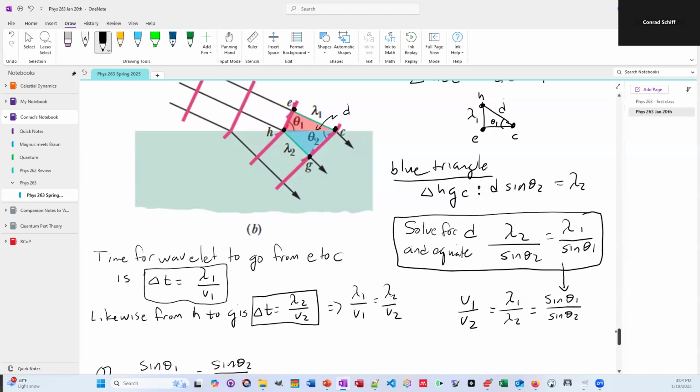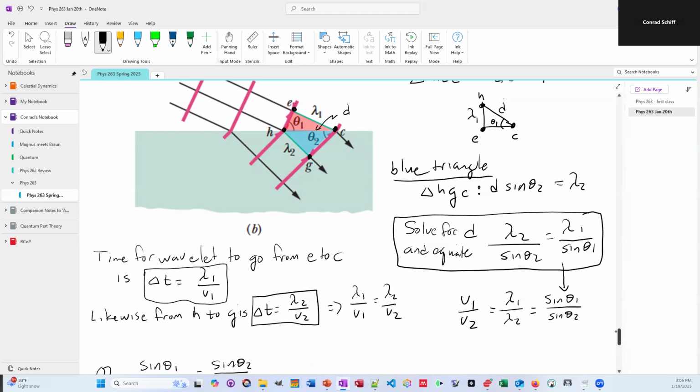What we want to do now is eliminate the wavelengths because we don't normally see the wavelength. We have to infer the wavelength from some other measurements. But we do see how fast or slow light moves through the medium. And so for that, what we can do is just analyze the amount of time.